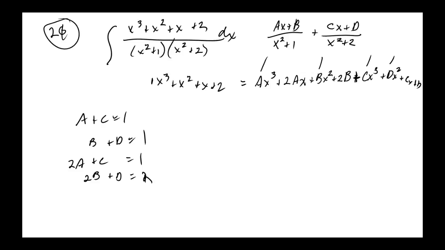Now, if you take these two together and subtract, you get that a is equal to 0. And that means c is equal to 1. Subtract this one from that one, and you get b is equal to 1.